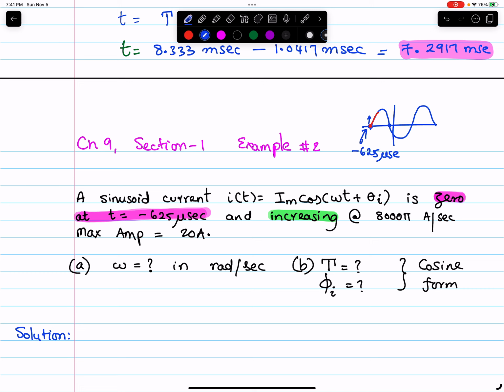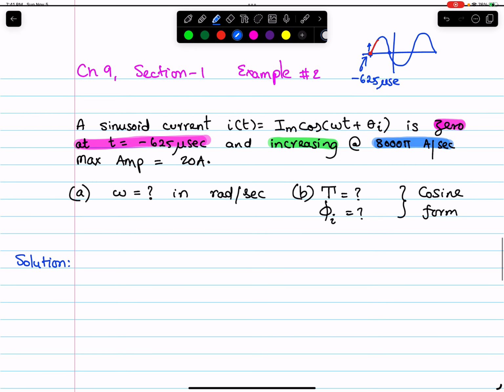Then there is another additional piece of information given, which is that the rate of increase is 8000 pi amperes per second. So I'm carefully color coding the different pieces of information here. Shown in pink is that at negative 625 there is a value of 0 for the wave, and at that time it is increasing.